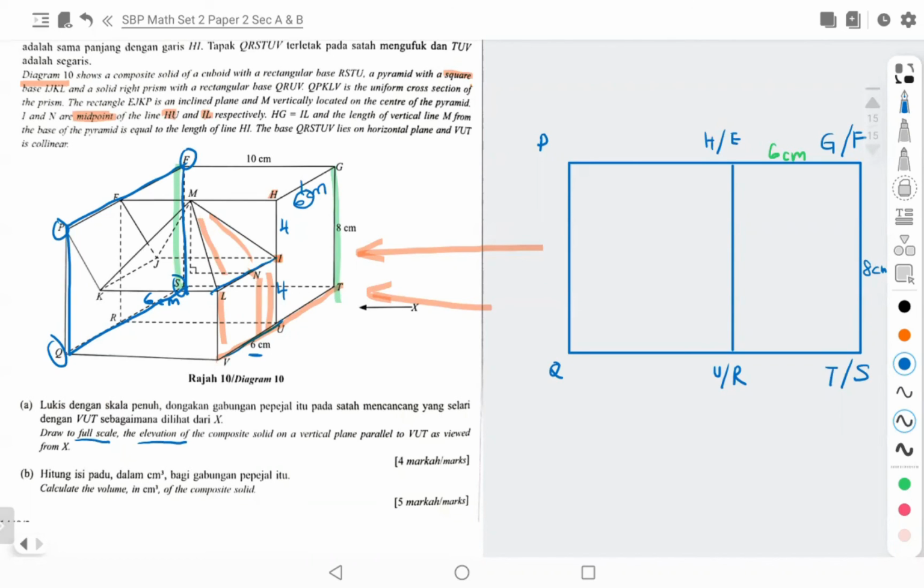The first rectangular shape is already done. So you move to the rectangular base here, L, N, I, U, V. So 4 cm, half. You draw the line.